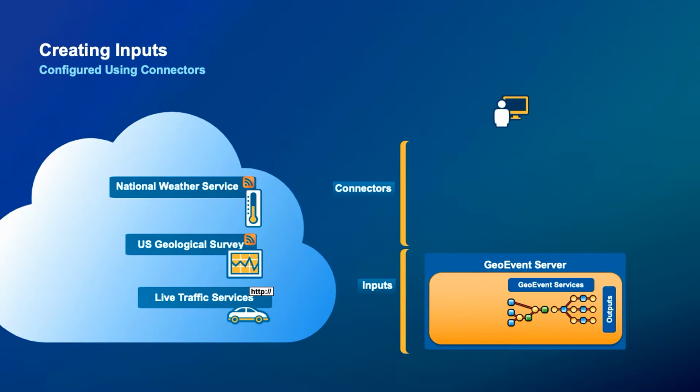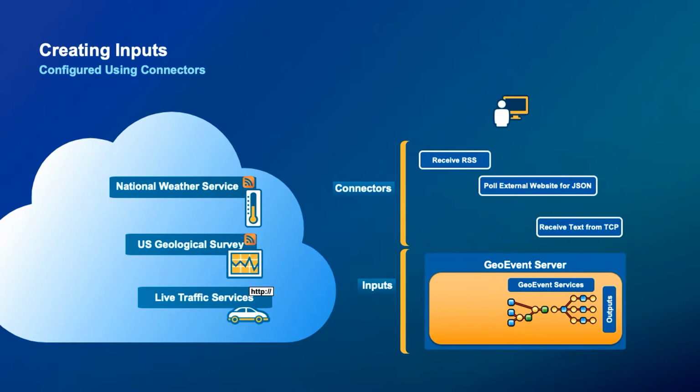The user wants to connect the GeoEvent to a number of feeds on the internet, such as the National Weather Service, the USGS, and live traffic. He looks at the list of available inbound connectors. He sees a receive RSS connector, a pull external website for JSON connector, and a receive text from a TCP connector.